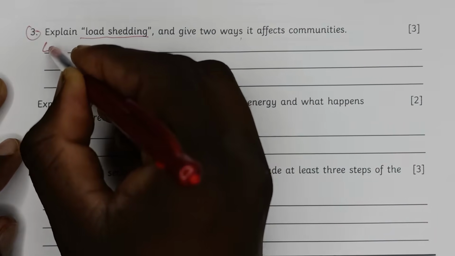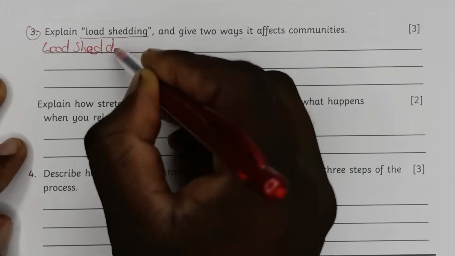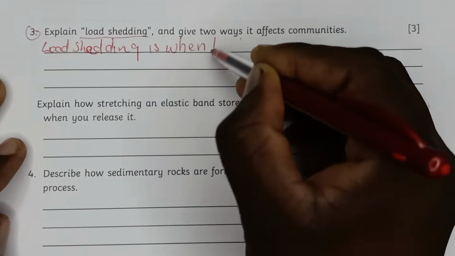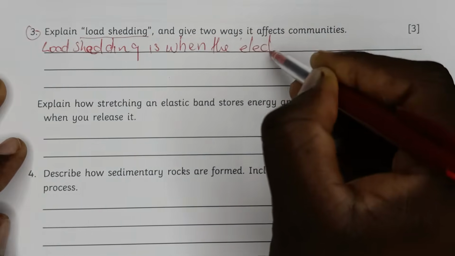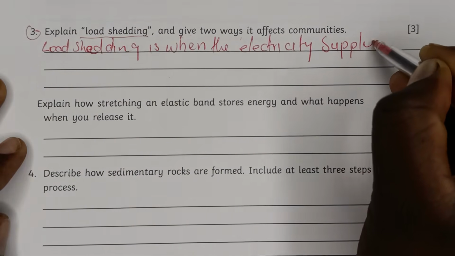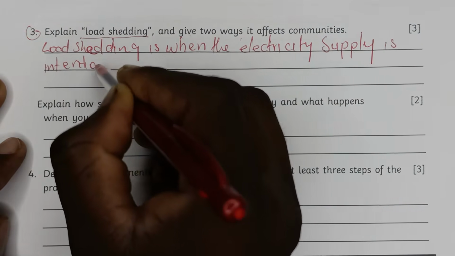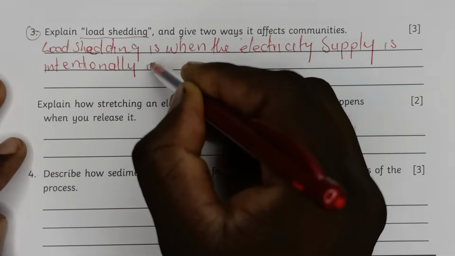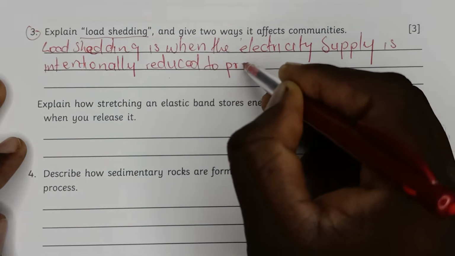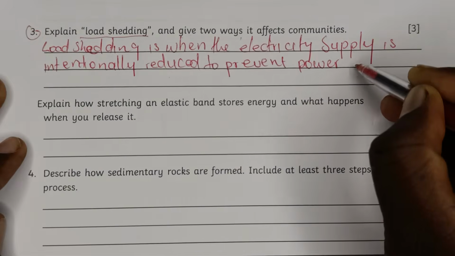So load shedding is when the electricity supply is intentionally reduced to prevent power shortage.